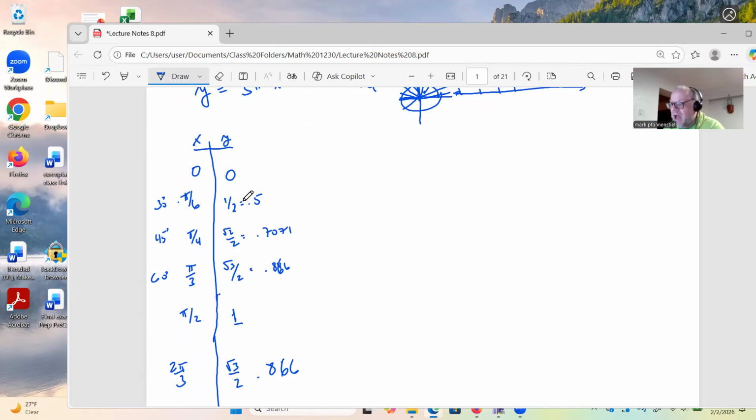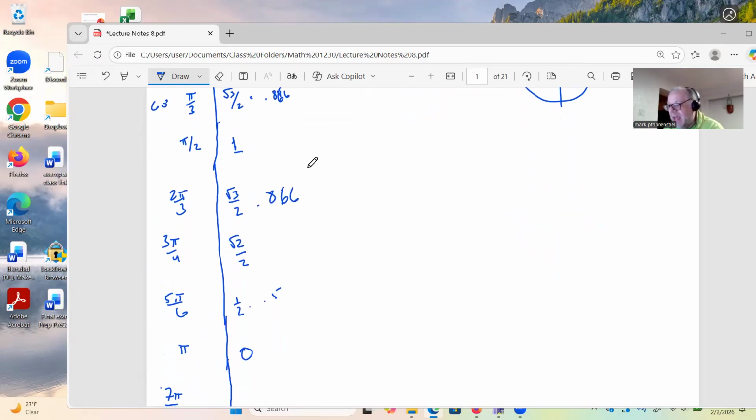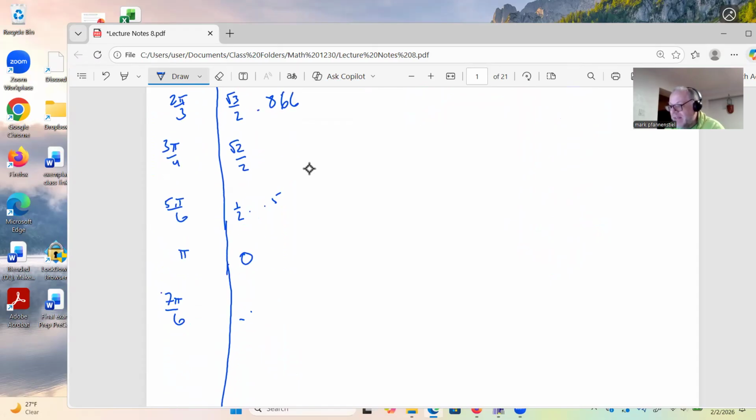I know that pi over 6 is going to look like a half, but now we've gone under the axis. My y value for this angle is going to be under the axis. My opposite side here is in the negative direction. It's going to be negative 1/2, or negative 0.5.